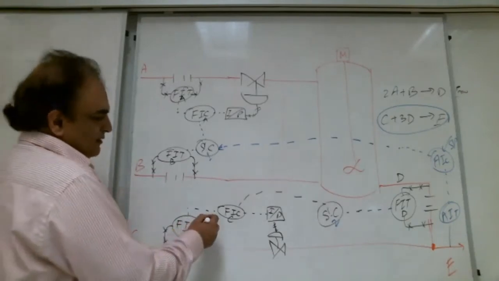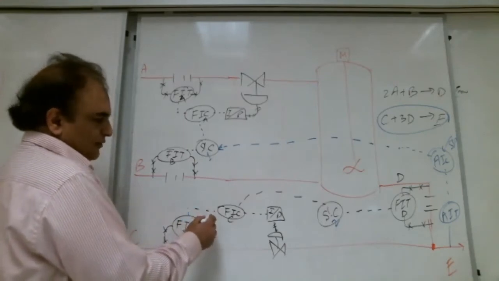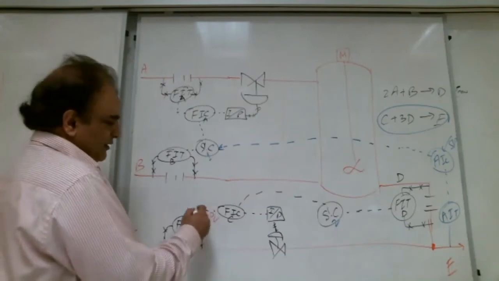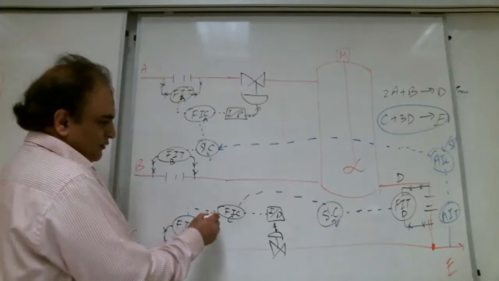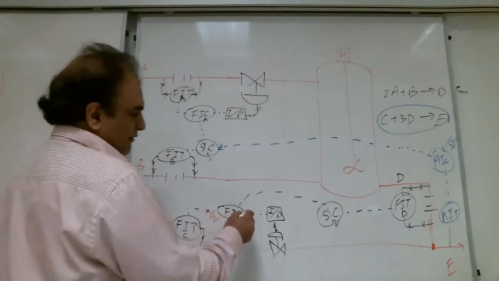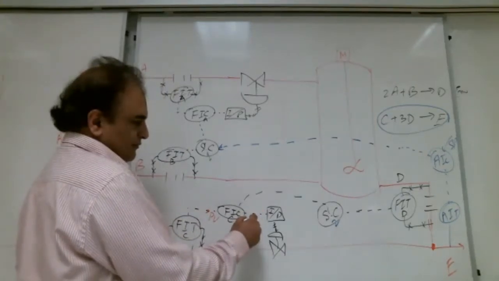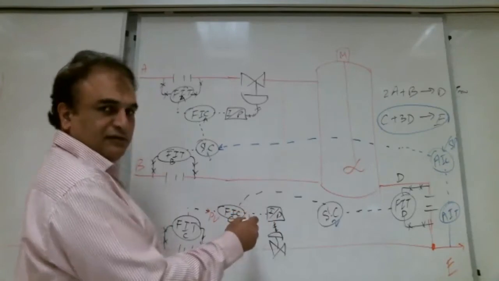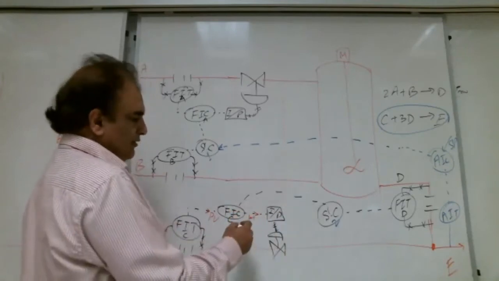Yes, Shabab. What is this? PV. Direction? Right. What is this? Output M. Direction right.